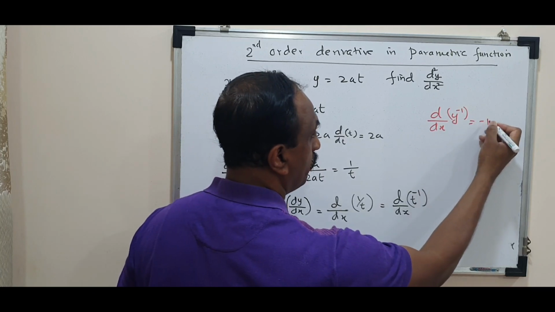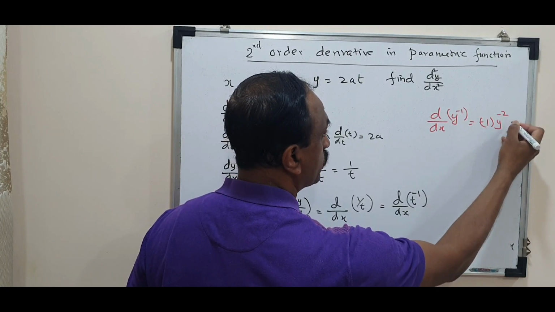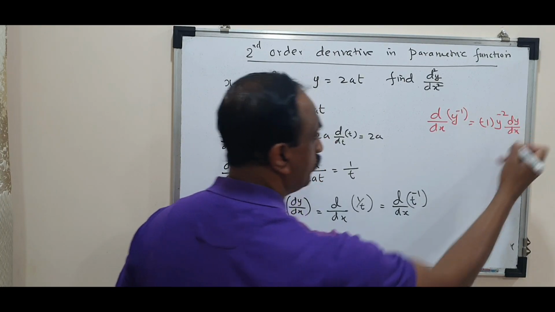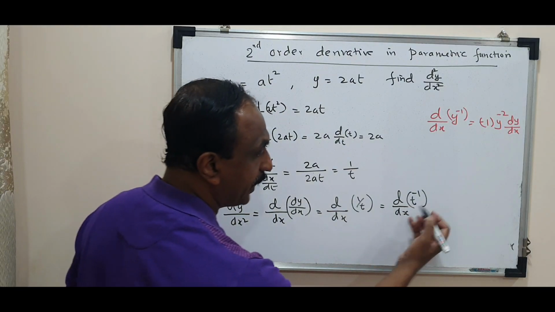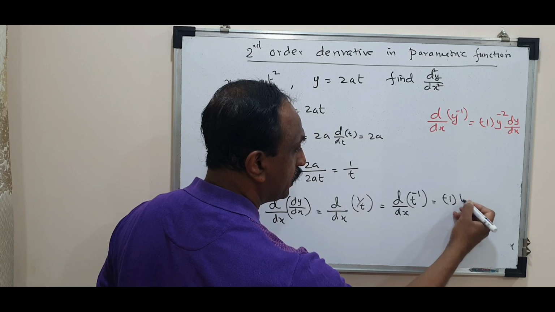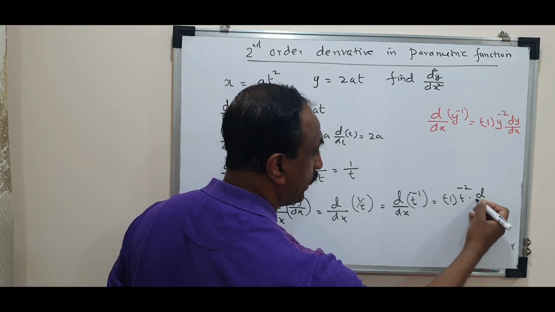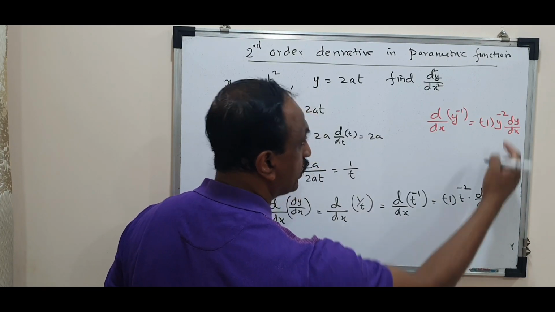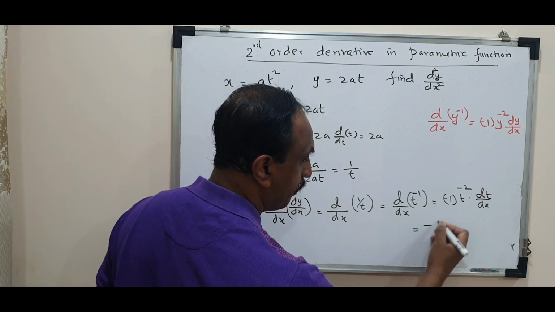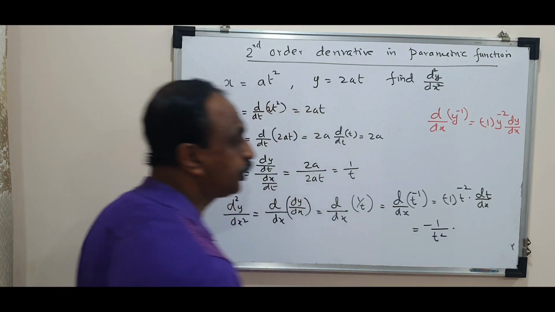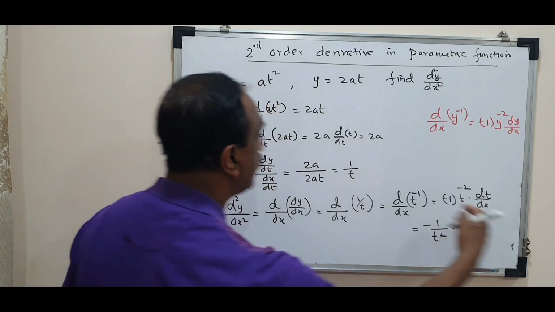How do you do that? Minus 1 y raised to minus 2 into dy by dx. Same thing we need to apply here because the variables are different. So minus 1 t raised to minus 2 into d by dx of t. Instead of y, it is t here. So I will write this as minus 1 upon t square into, how will I get dt by dx?